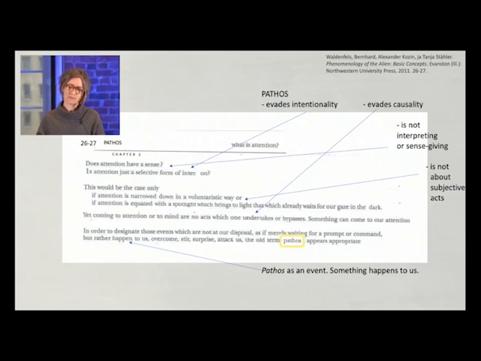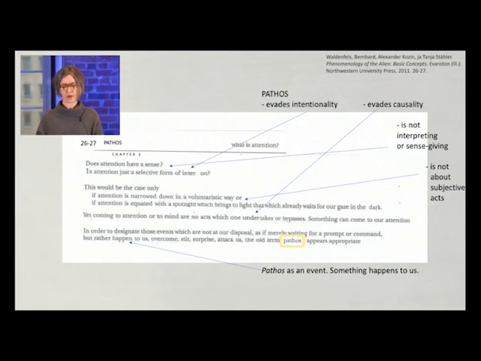Attention as pathos is not intentional. It's not a subjective act, but rather an event. Something happens to us, but it does not follow a causal or any chronological logic.